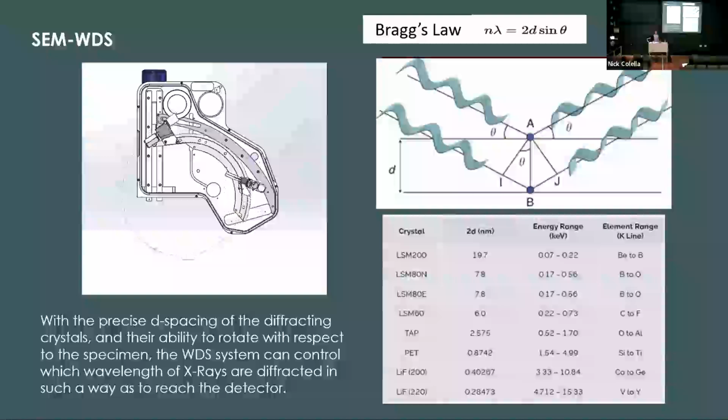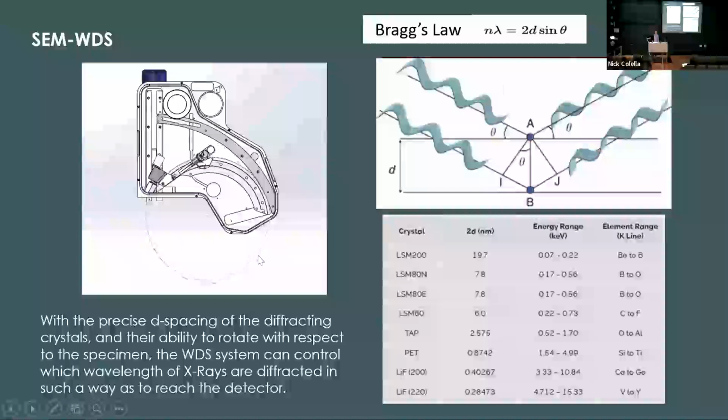Okay. So we're able to satisfy Bragg's law by controlling both the d spacing, the crystal spacing parameter, by choosing the crystal that we have, and controlling the theta angle by adjusting the rotational position of the diffracting crystal.